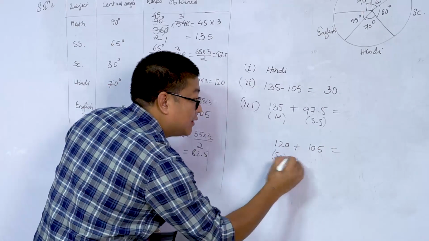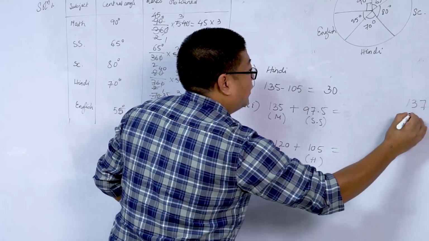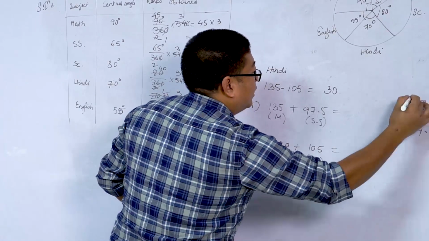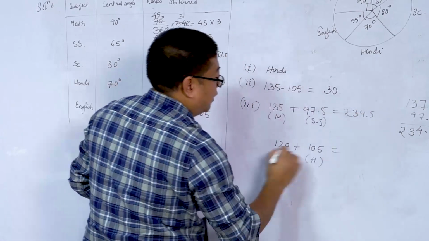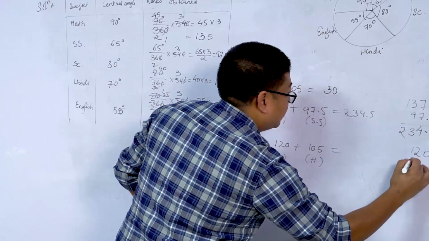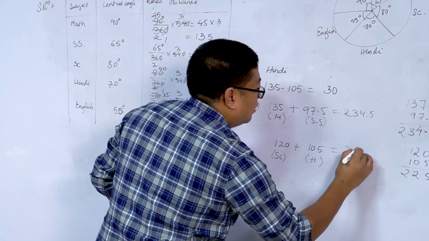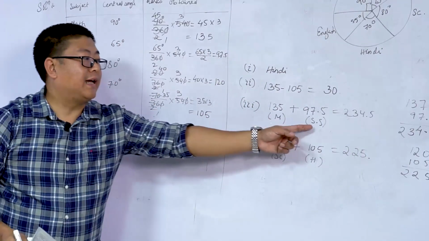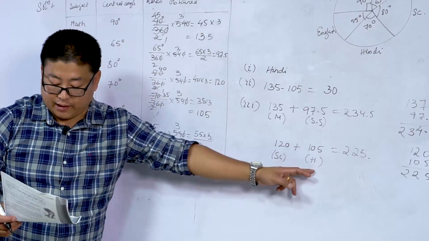So this is for science, this is for Hindi. When you add them, 135 and 97.5, you get 232.5. When you add 120 and 105, you get 225. So it is confirmed that maths and SS combined together is more than science and Hindi.